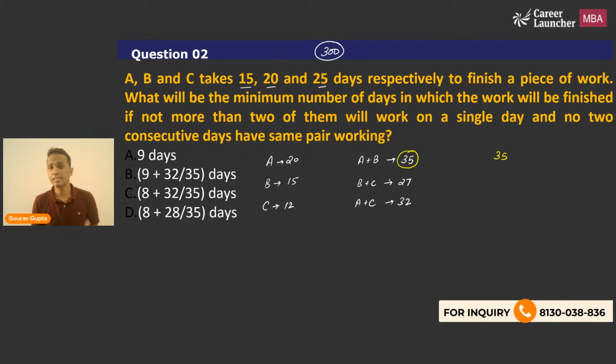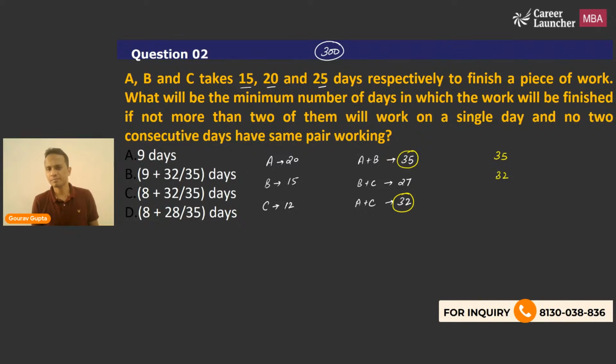Now, the second day, since I cannot select the same pair on two consecutive days, I have to change the pair. So the second most efficient pair is A and C, who will do 32 units of work in a single day, right? So first day, 35 units is done. Second day, 32 units of work is done.